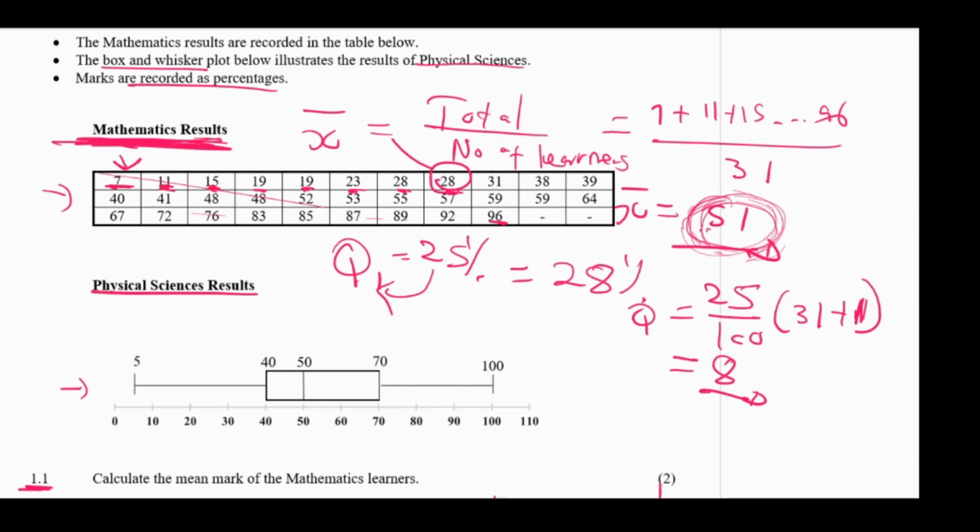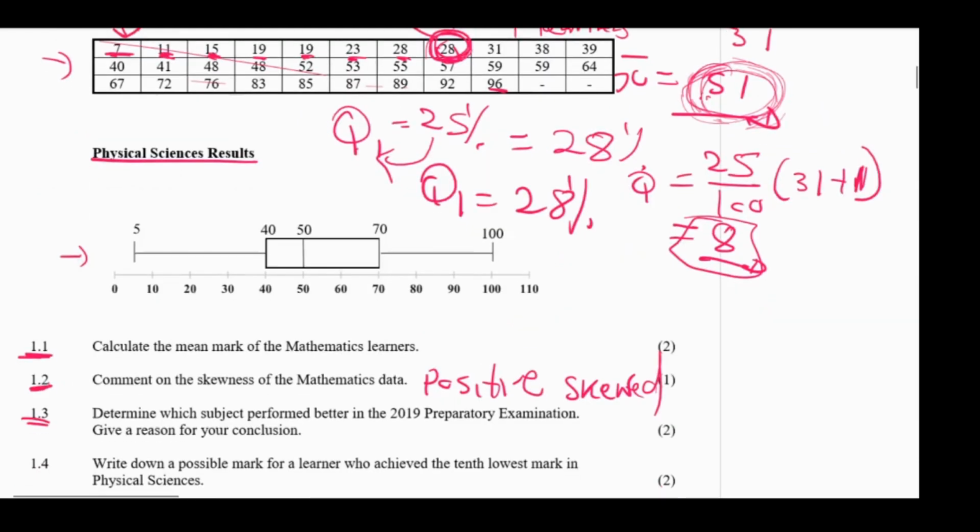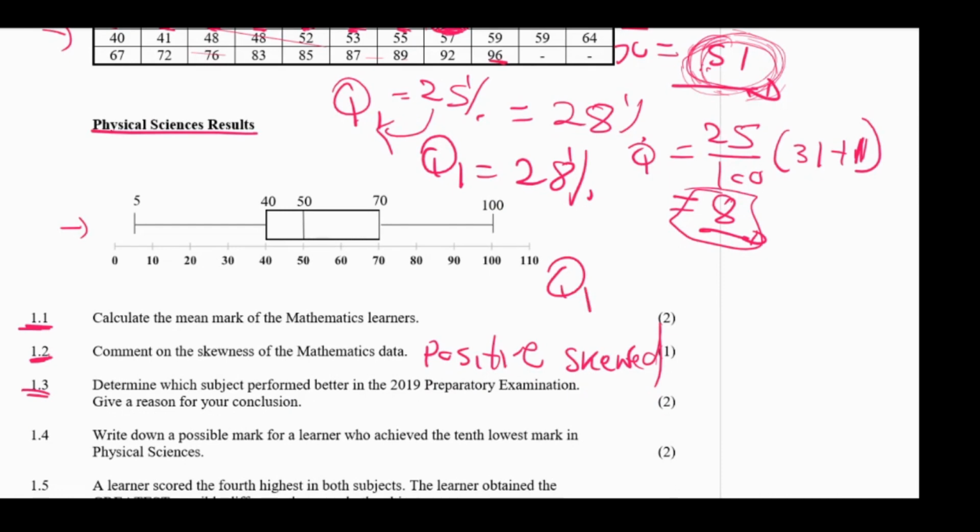So this is your Q1 for maths, which gives you 28. So Q1 for maths is going to be 28%. And then Q1 for physics is this one, which is 40%.